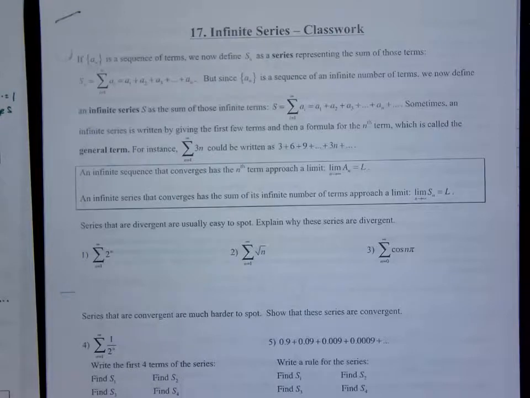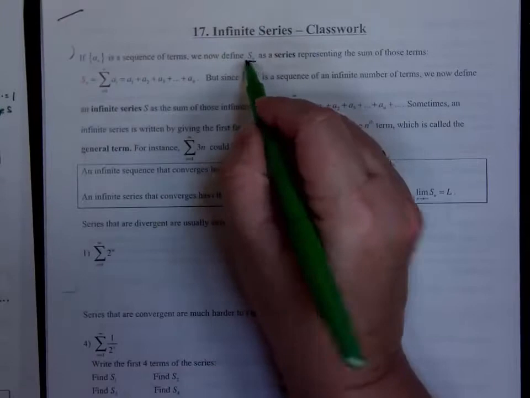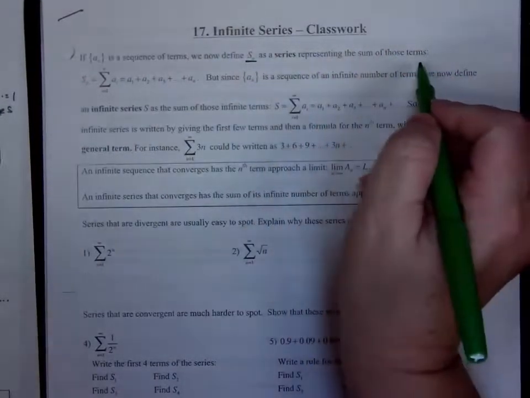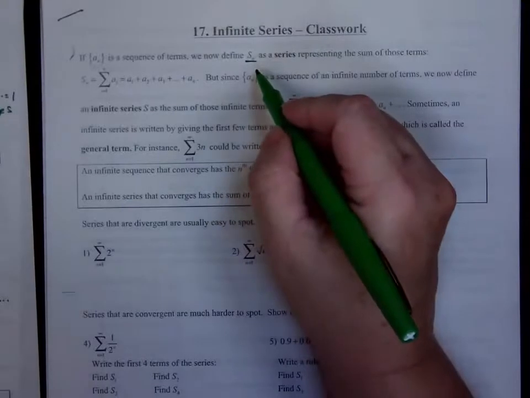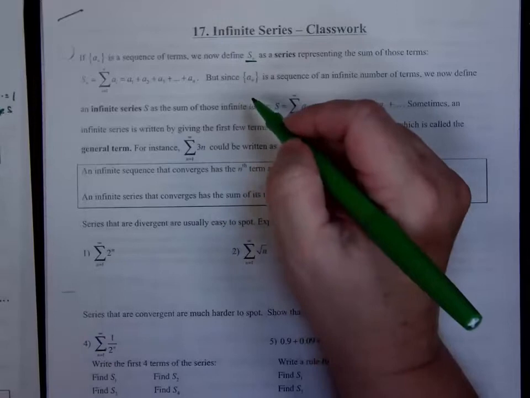Okay? So, on the paper in front of you it says if A of n is the sequence of terms, we now define S of n, S sub n, as a series representing the sum of those terms. Now, this one has an n on it. The n means there is a finite number of terms to be added.